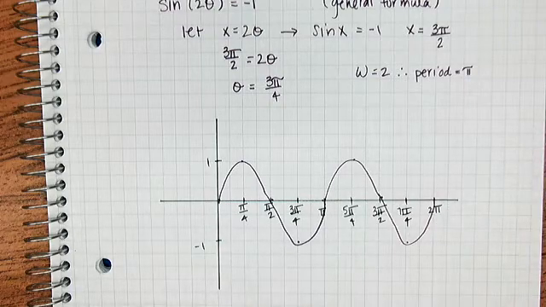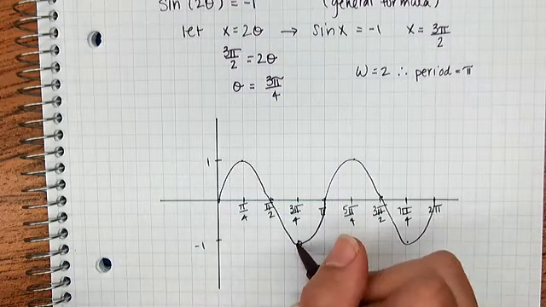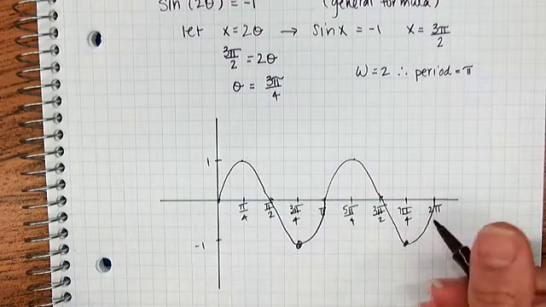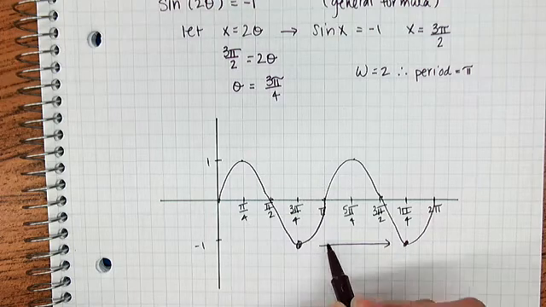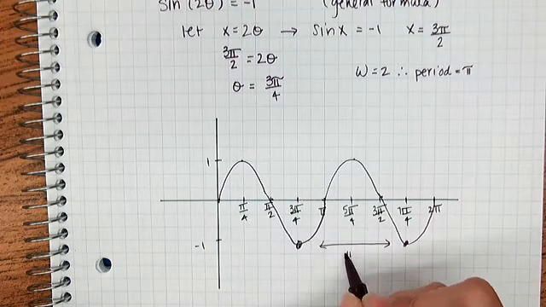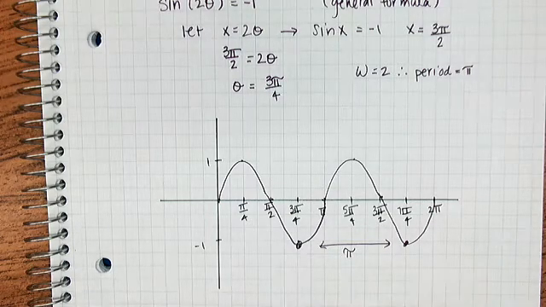How long does it take before I hit -1 again? All right, well, here the sine is -1. Here the sine is -1. That's a distance of pi because that's the period. So where would the next time that I hit -1 be? Well, that would be, I believe, 11 pi over 4.